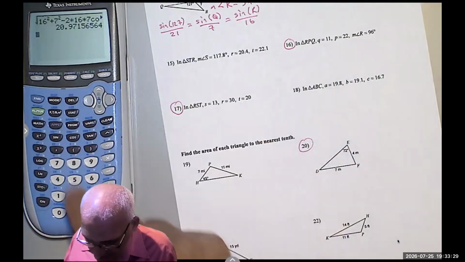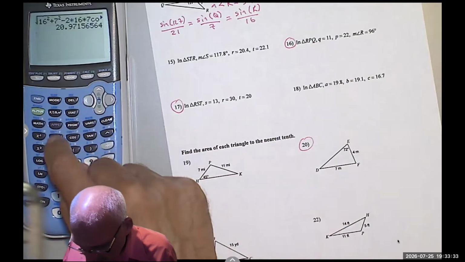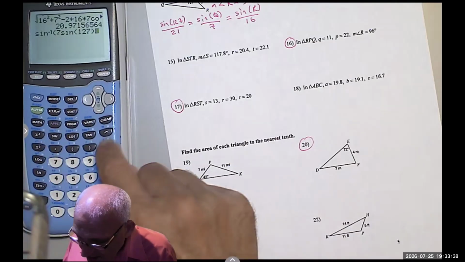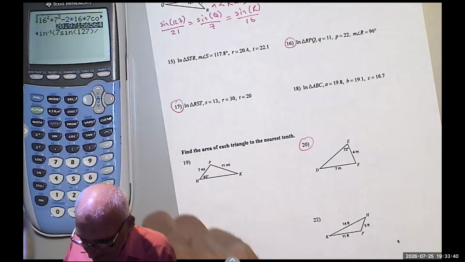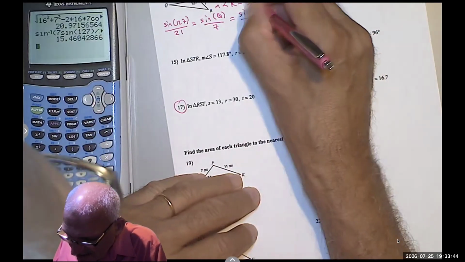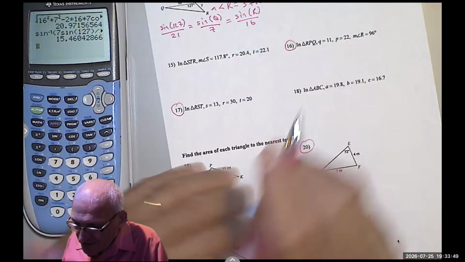Then inverse sine of 7 sine 127 over this number. 15.5 degrees, this angle didn't seem correct before.